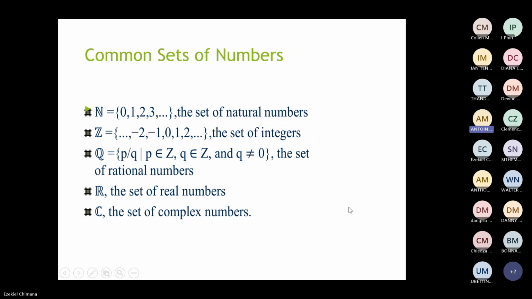Common sets of numbers. N is equal to the members 0, 1, 2, 3, and so on, the set of natural numbers. Then Z is the set of integers, which is ..., -2, -1, 0, 1, 2, and so on.